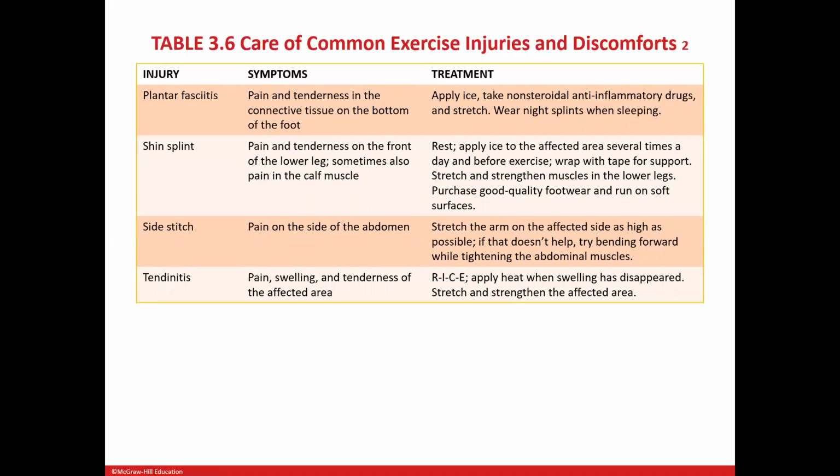Shin splints are pain and tenderness in the front of the lower leg, sometimes pain in the calf muscle. You just need to rest, ice, and stretch it, make sure that nothing else is wrong with it, and purchase good quality footwear.